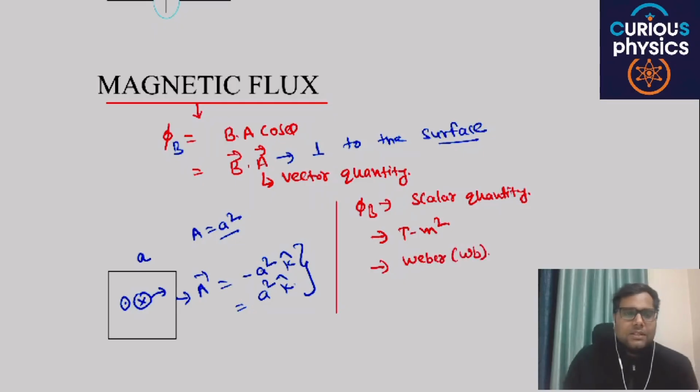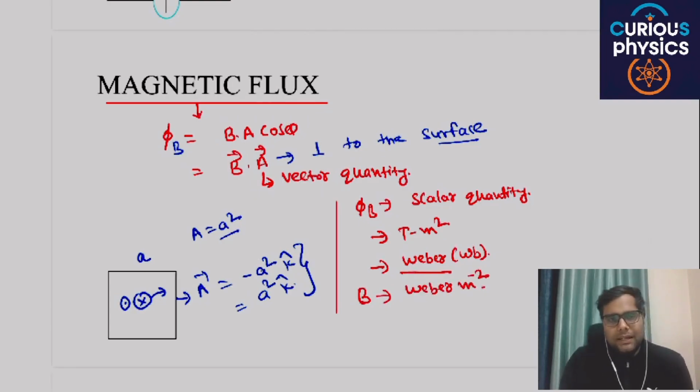This is basically the magnetic flux. Are you able to understand my point or not? This is all about magnetic flux. From Weber, you can also see in some places the units of magnetic field are Weber per meter square. So basically this is all about magnetic flux.